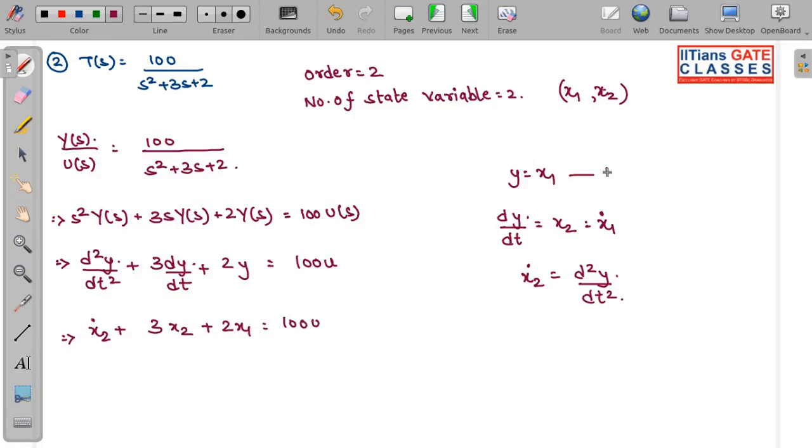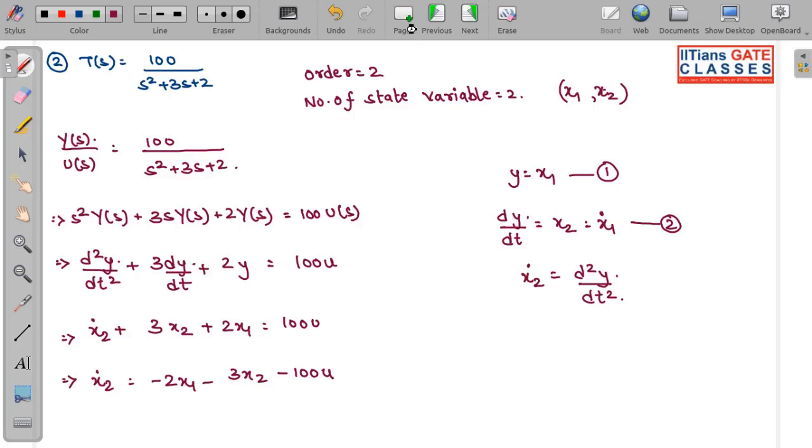So this is my equation number 1, and this I will be modifying a little bit. This is equation number 2. This you can see over here that this will be x2 dot is equal to minus 2x1 minus 3x2 plus 100u. Okay, so now from 1, 2 and 3 I can write the state model.